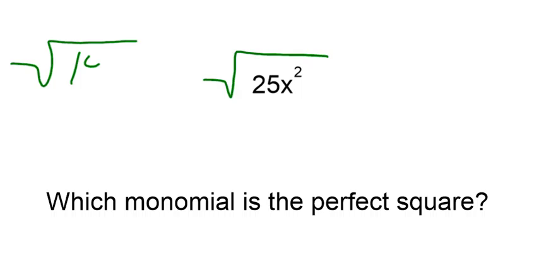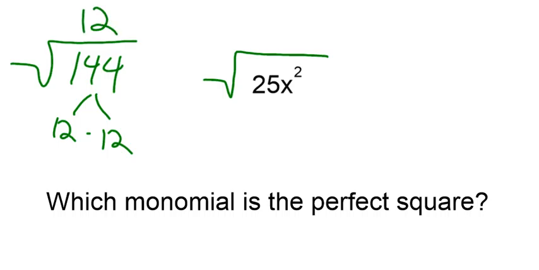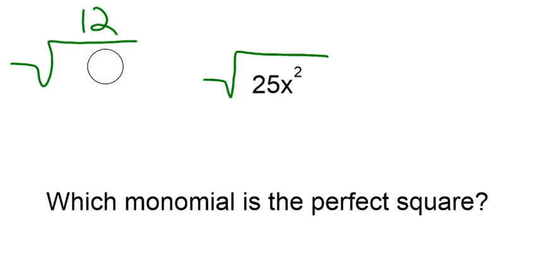If I have 144 and I'm trying to find the square root of this number, I need to understand that 144 is actually 12 times 12, which means that the square root of this is just plain 12. 12 times 12 equals 144, and so I have that understanding.